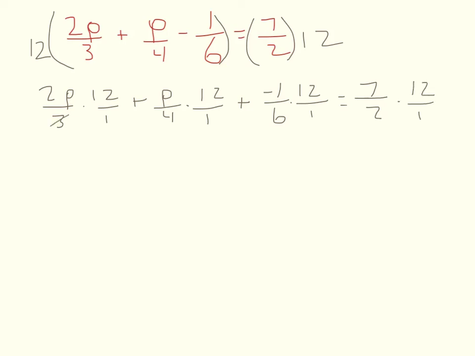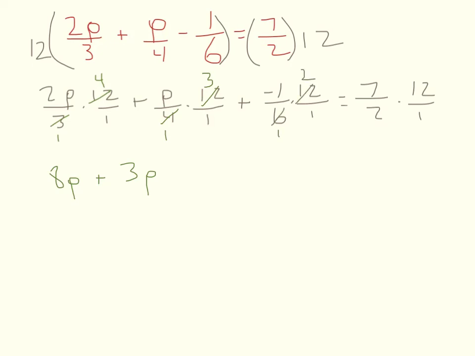So this 3, I'm going to divide this by 3 and this by 3. I'm going to get 4 here. So this is going to end up being 2p times 4 is 8p. Then let's go over to here. I'm going to divide this by 4 and this by 4. So I end up with p times 3, which is plus 3p. Over here, I have divide by 6, divide by 6.